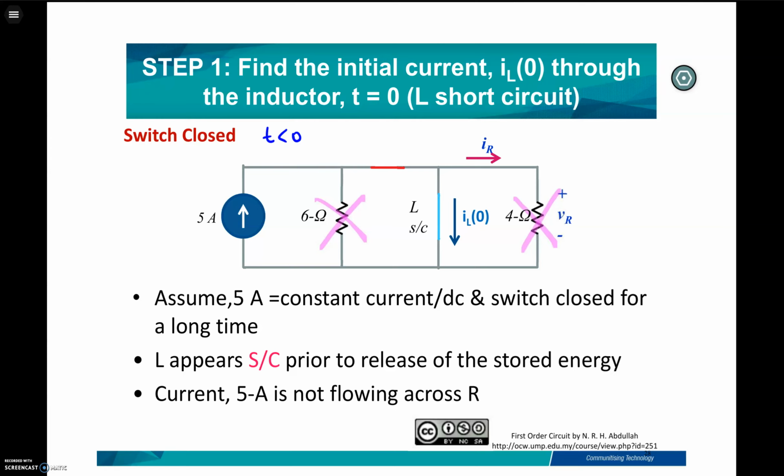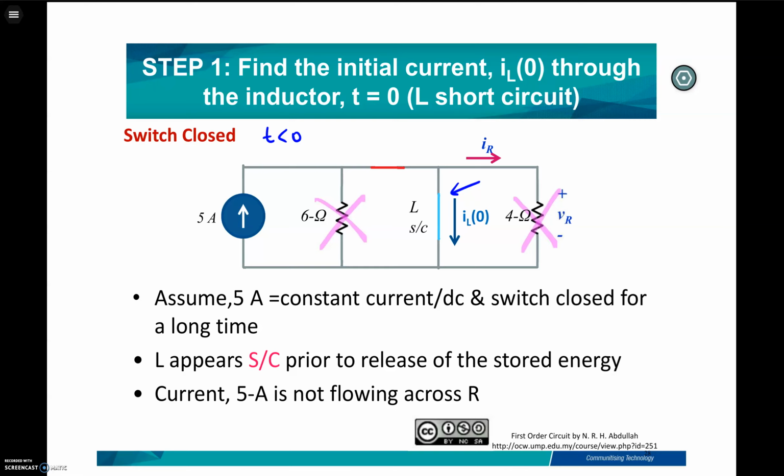So when it is charged to the maximum value, the L suddenly acts as a short circuit, as shown in the figure. When it is a short circuit, you can see that there are two resistors in parallel with the L, or the line which is short.